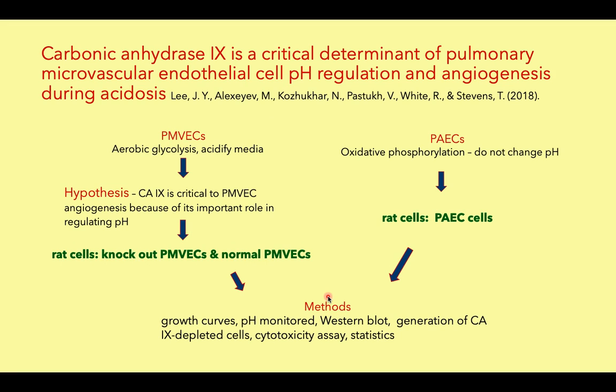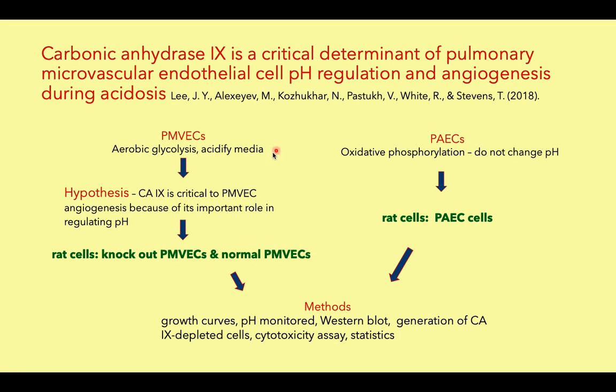And here is a study on carbonic anhydrase 9, a study that was trying to determine if microvascular endothelial cells play a role in pH regulation and angiogenesis. And angiogenesis is the formation of new blood vessels, and pH levels have to be at a certain level. What they did was they took two kinds of cells, microvascular cells and pulmonary arterial endothelial cells.